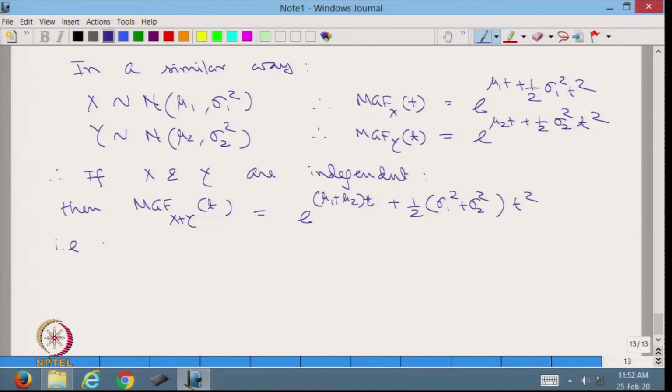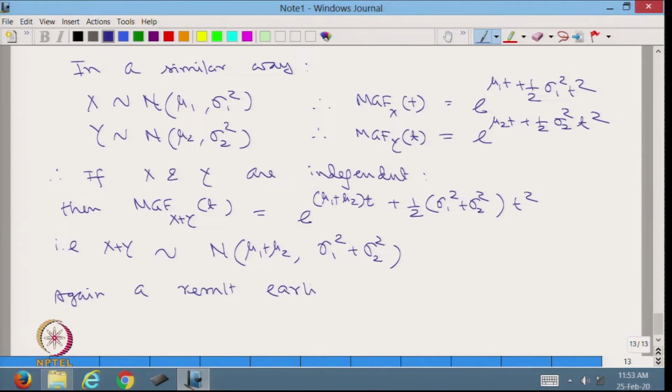That is, x plus y is distributed as normal with mean mu 1 plus mu 2 and variance sigma 1 square plus sigma 2 square. Again, a result we earlier proved by convolution, but now get very easily.